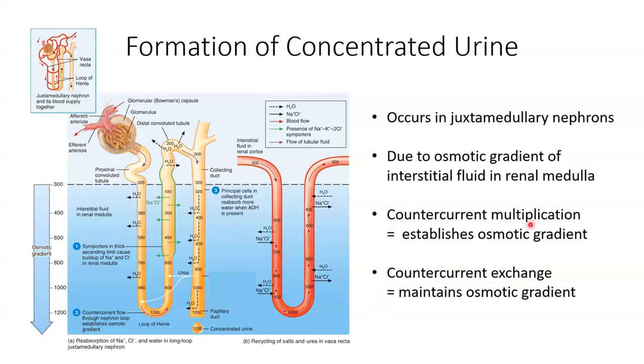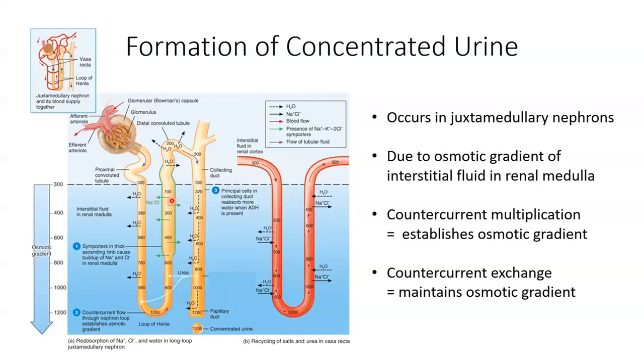So countercurrent multiplication is the process by which the interstitial fluid of the renal medulla becomes increasingly more concentrated. So countercurrent multiplication involves these two steps here. So first, we have sodium and chloride actively pumped out of the filtrate in this thick portion of the ascending limb of the nephron loop.